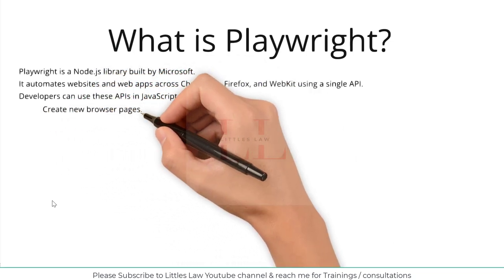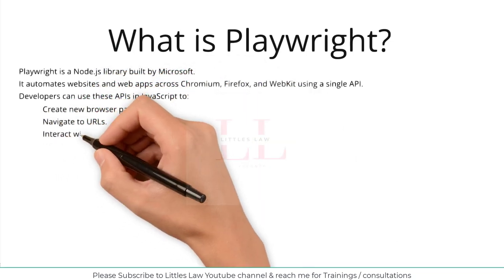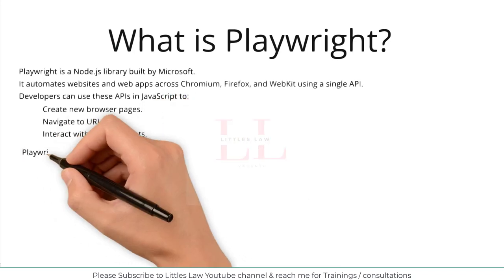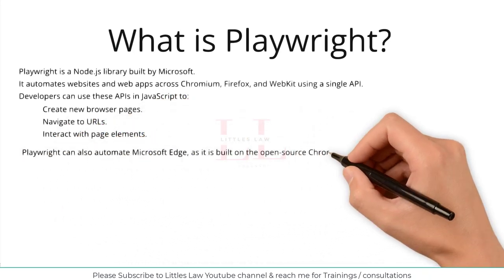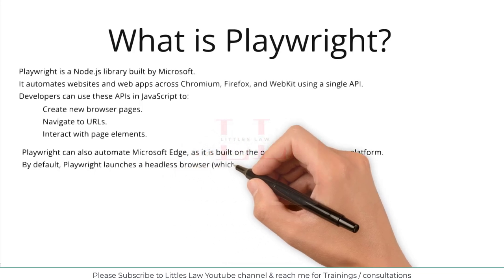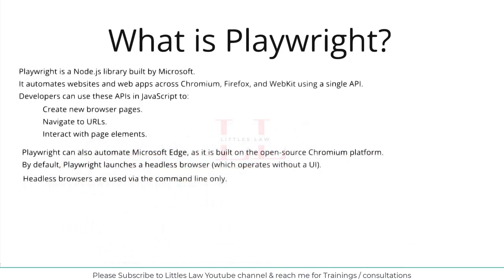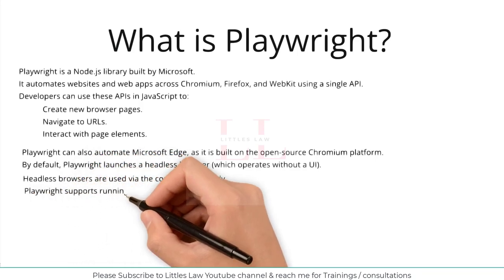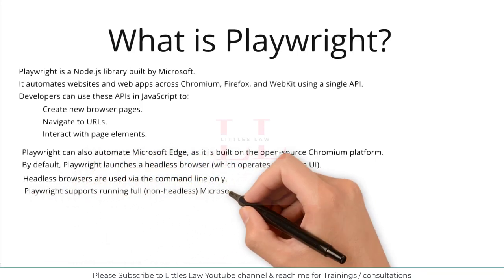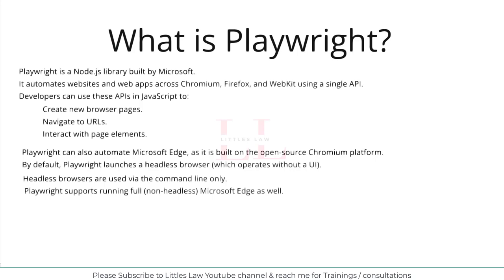Playwright works with browsers like Chromium, Firefox, and WebKit, and developers write JavaScript code to open new browser pages, visit different websites, and interact with things on the page. For example, it can be a click event, clicking a button, or filling out forms. Since Microsoft Edge is based on Chromium, Playwright can also control Microsoft Edge.